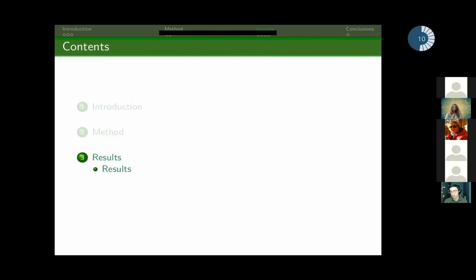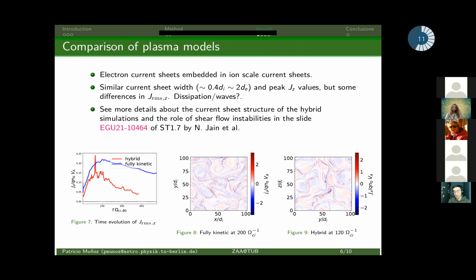So, what can we observe with this? Well, with both codes, fully kinetic and hybrid with inertial electrons, we observe formation of electron-scale current sheets embedded in ion-scale current sheets, which are much broader.